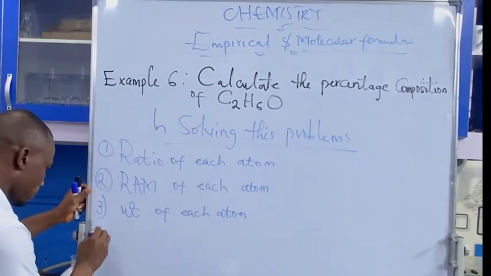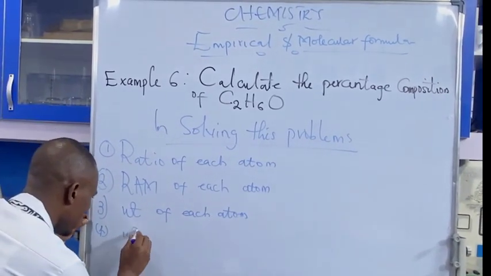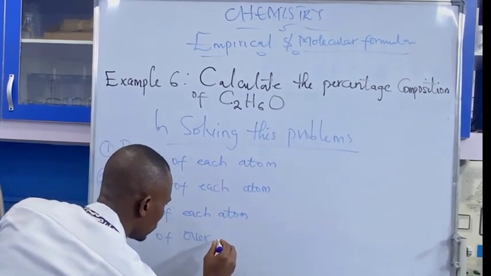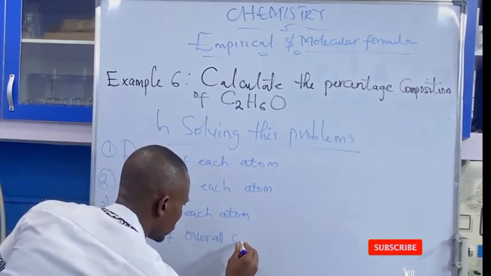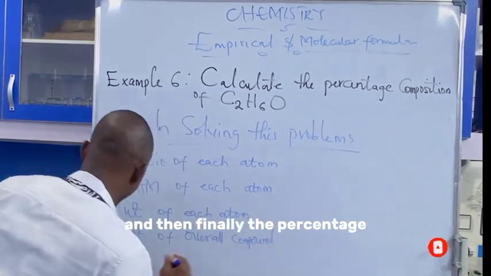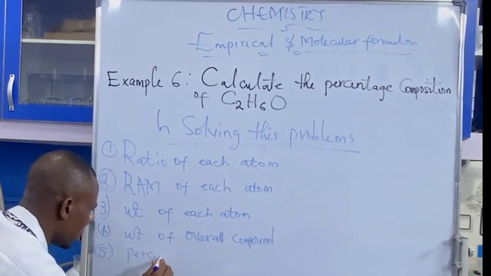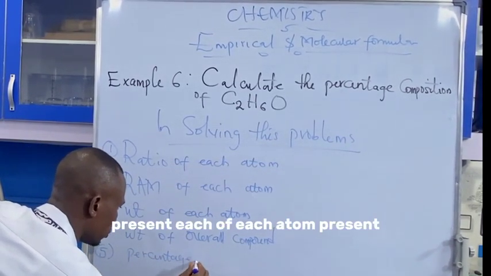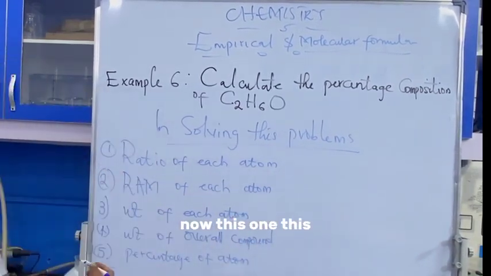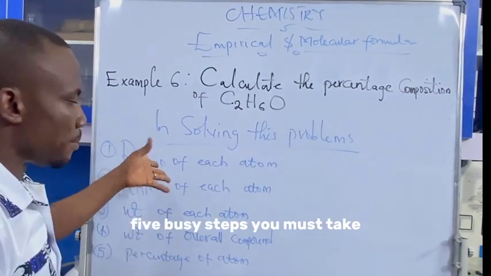Number 4, you get the weight of the overall compound, and then finally, the percentage of each atom present. These are 5 basic steps you must take.